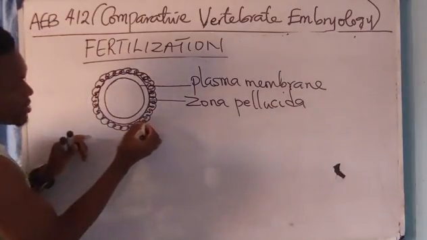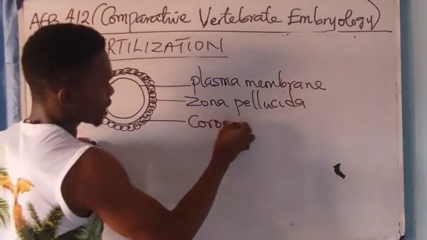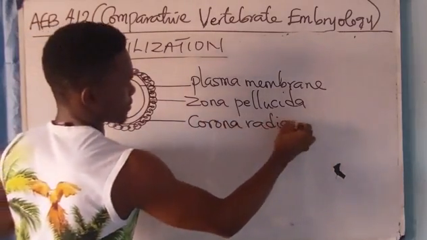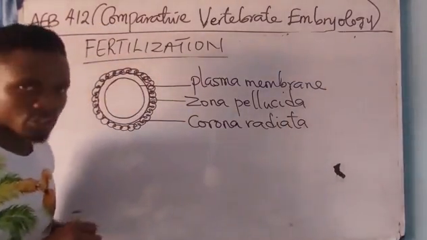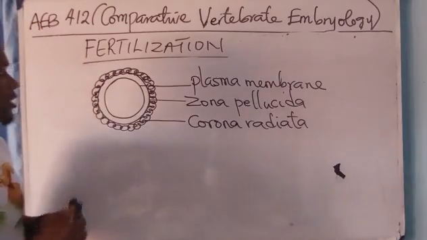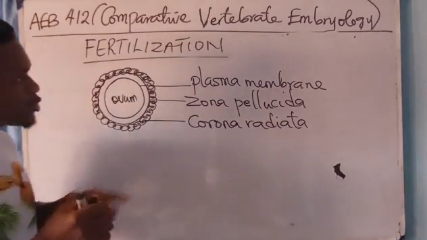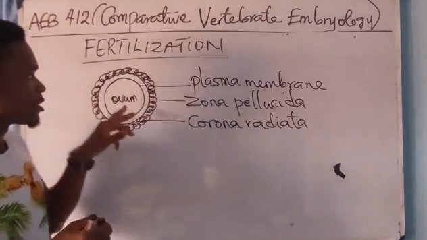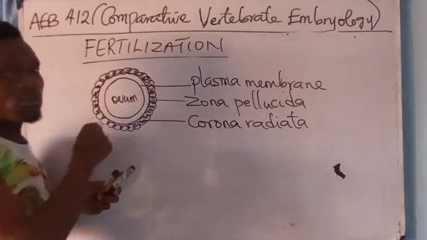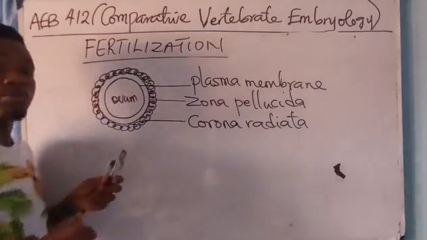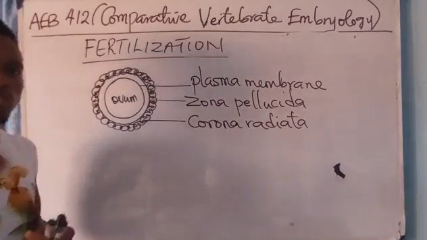And the cells found around it are called the corona radiata. Imagine that. For the sperm to penetrate the egg, you have here the ovum. For it to penetrate all these layers to meet this ovum, do you think it's going to be an easy process? Look at the layers, look at the barriers. How is it going to penetrate this? This is what is going to happen.